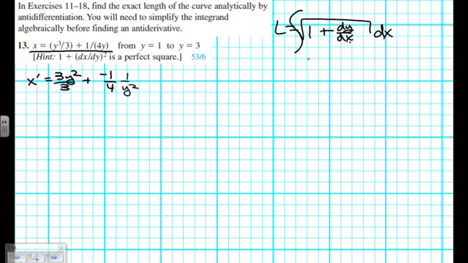Double check that derivative I just did. Is that right? The derivative of 1 over 4y is negative 1/4 times 1 over y squared. I just want to double check that.